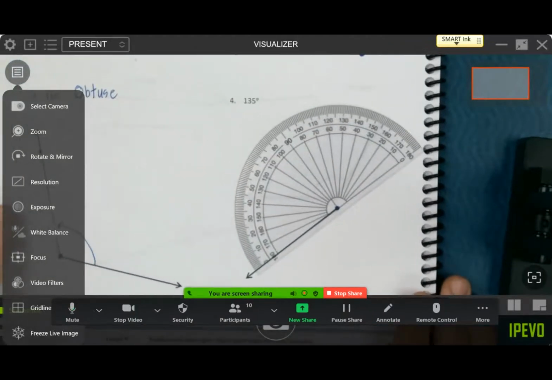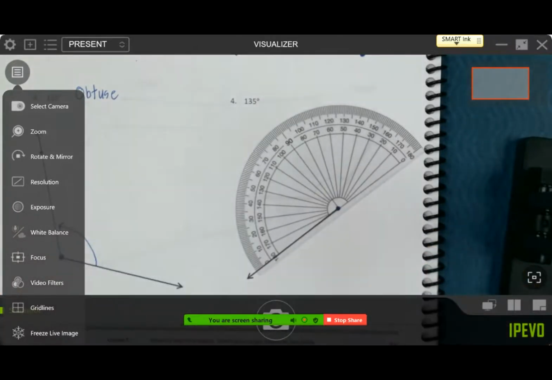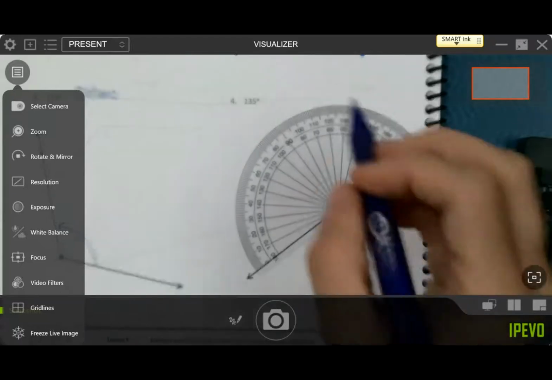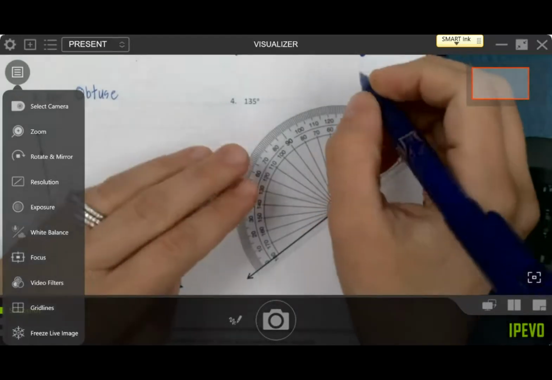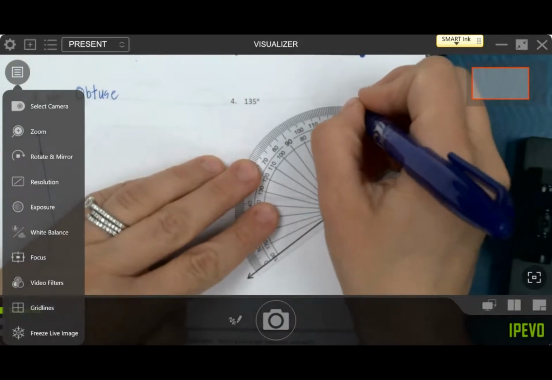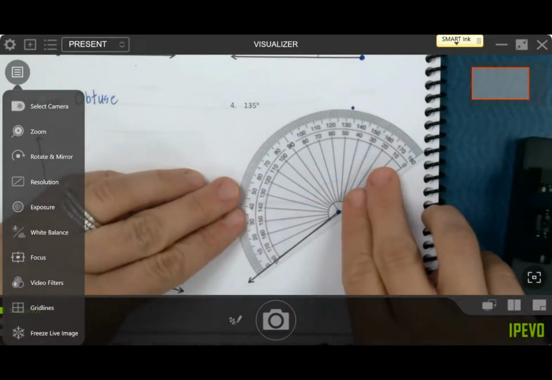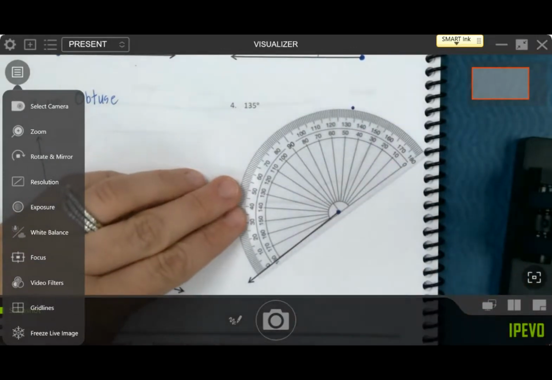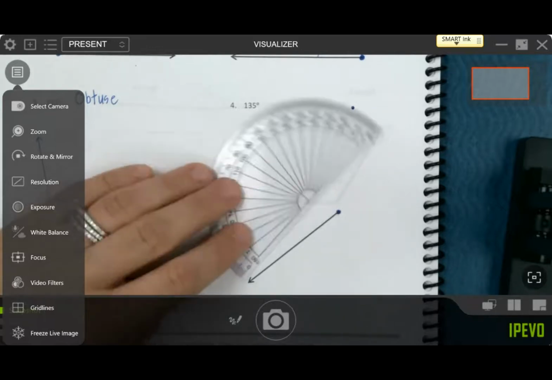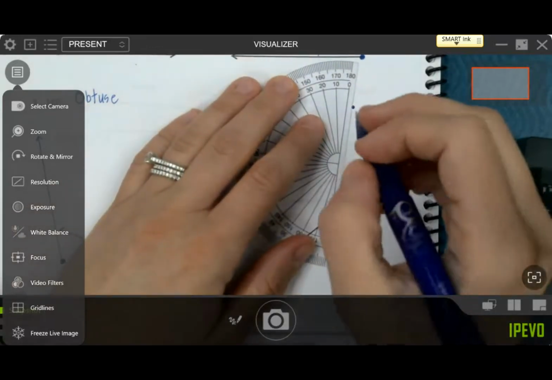Okay, so I have my protractor. It's at 0. Am I using the bottom row or top row of numbers? Bottom row. Nope. Bottom row starts with 180. Top row. So I'm going to travel on my top row to 130, 135 degrees. I'm going to make my point. Now what do I do? You connect your first point to the point you just made at 130.